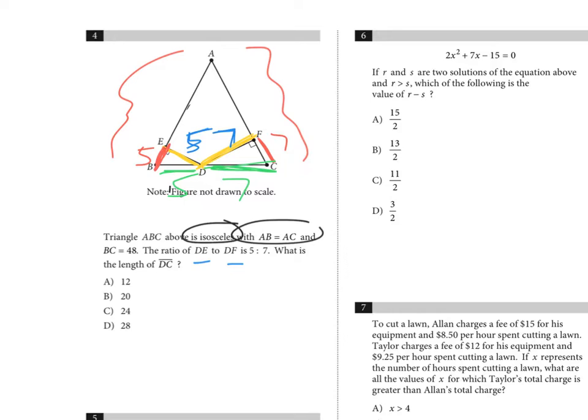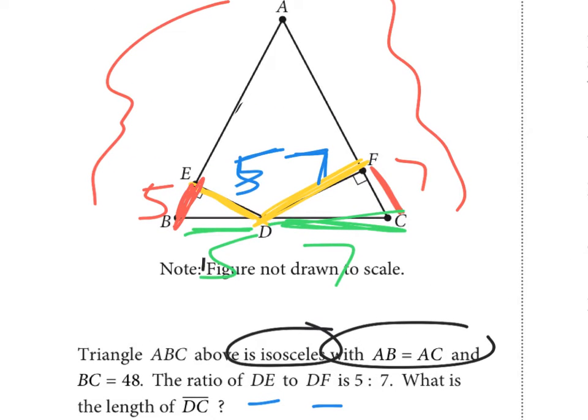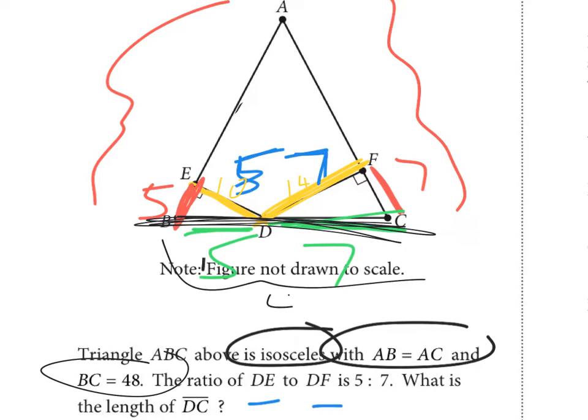Now, it doesn't mean all of those sides are each equal to 5 and each of those sides is equal to 7. That means their ratio is 5 to 7. It could be that DE is 10 and DF is 14. Because if you reduce that fraction, 10 over 14, that's also 5 over 7. So here the question tells you that BC, the entire bottom, is equal to 48.